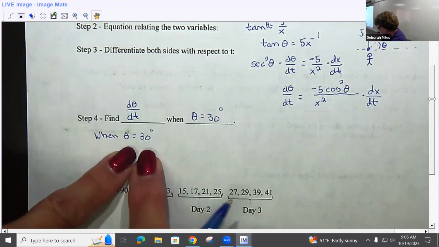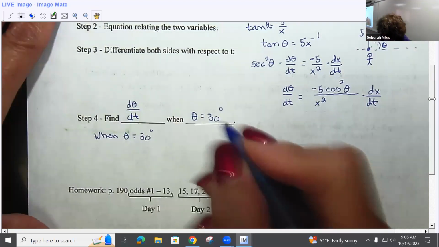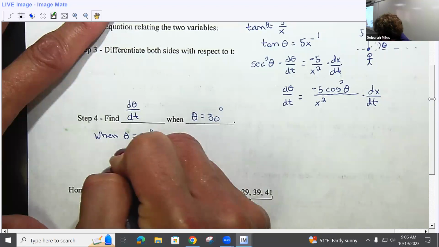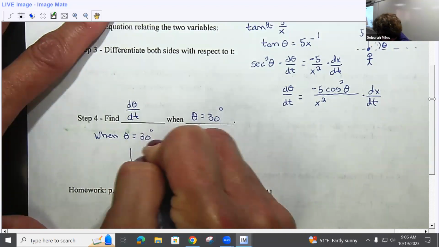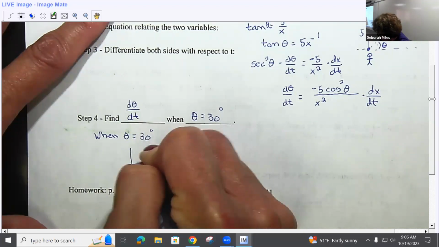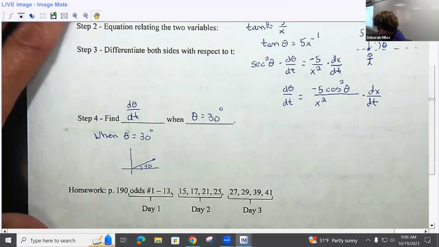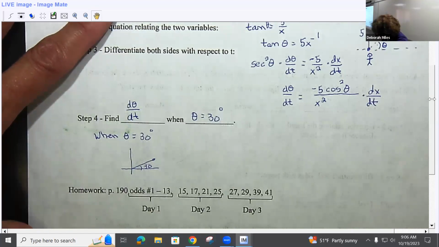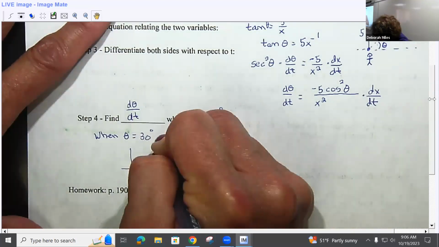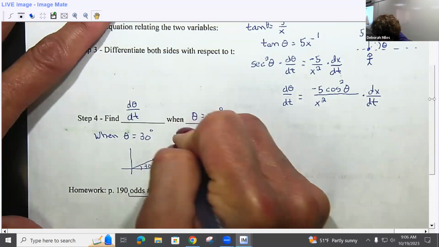I thought of the unit circle when theta is 30 degrees. Oh yeah. 30 degrees on the unit circle, what's x? Square root of 3 over 2.